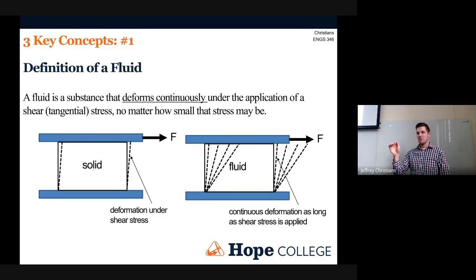If you push on it really softly, it will behave elastically, like a solid. If you push on it just a tiny bit harder, it will start to deform continuously and flow. But a classic fluid, a perfect fluid, what we'll eventually call a Newtonian fluid after Isaac Newton, will deform continuously upon the application of any stress or any force.